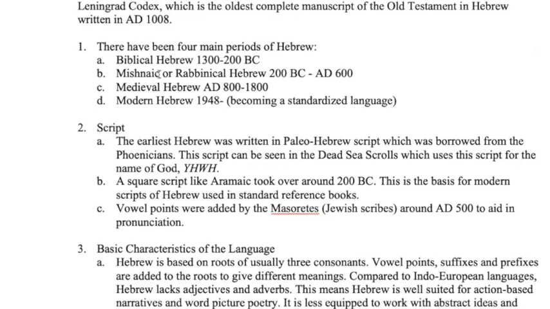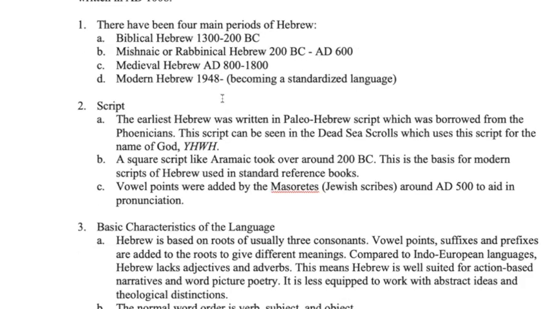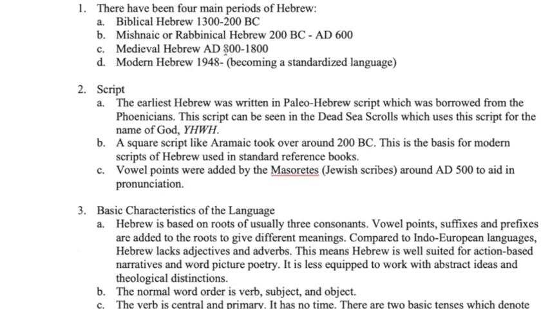And then the next major period is called Mishnaic or Rabbinic Hebrew from 200 BC to AD 600. Then there's medieval Hebrew from roughly 800 to 1800. And then modern Hebrew, which has been spoken mostly since Israel became a nation again.